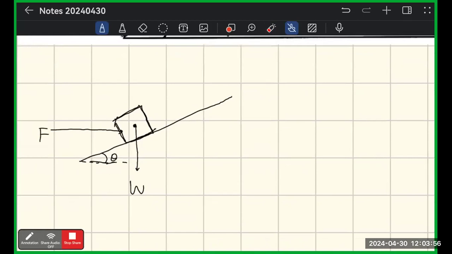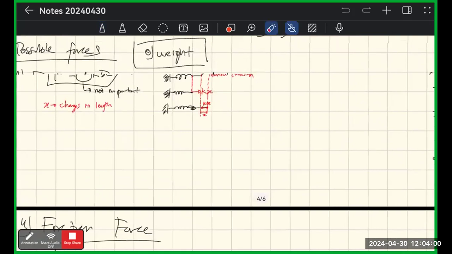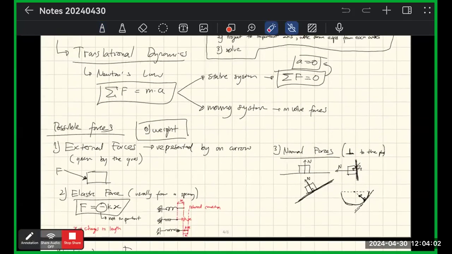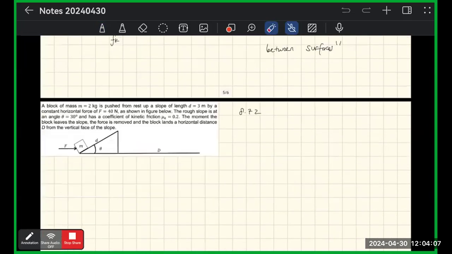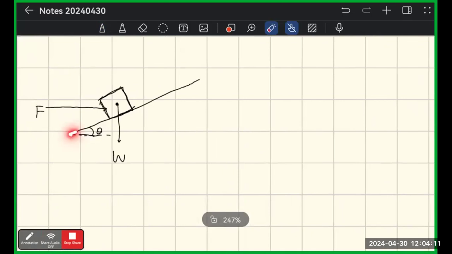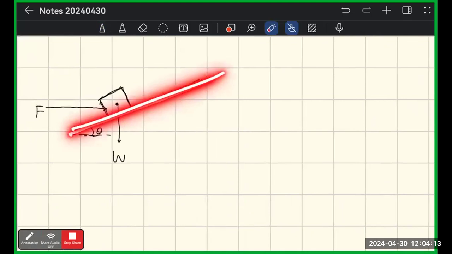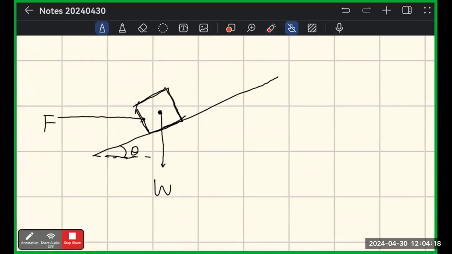And obviously I told you that there will always be a normal force, which is normal to the plane. So where's the plane here? The plane here, yeah, it's here. It's the surface that they're touching. So it's perpendicular to the plane. There will be a normal force.